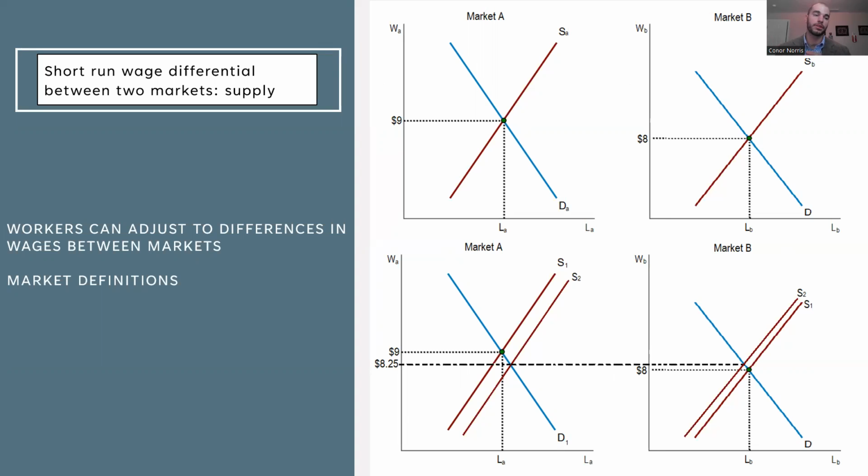Again, in this example, we're moving towards the same price until they're exactly the same. So imagine this is like two cities next door where it's pretty cheap to move from one city to another. In this case, it's also moving to $8.25. So eventually we settle at a point where both labor market A and labor market B have the same wages that they're paying employees.